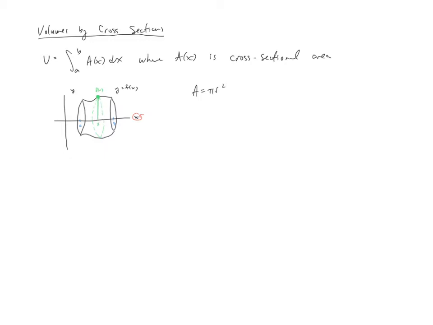So when we say that our radius is r, it's really going to be the function. So A of x equals pi f of x squared. Therefore, the volume would be the integral from a to b of pi f of x squared dx.